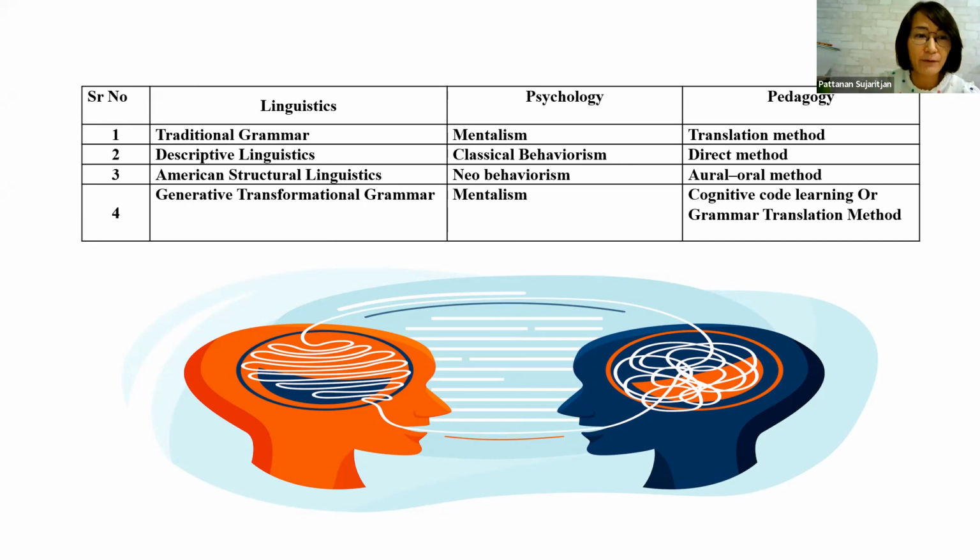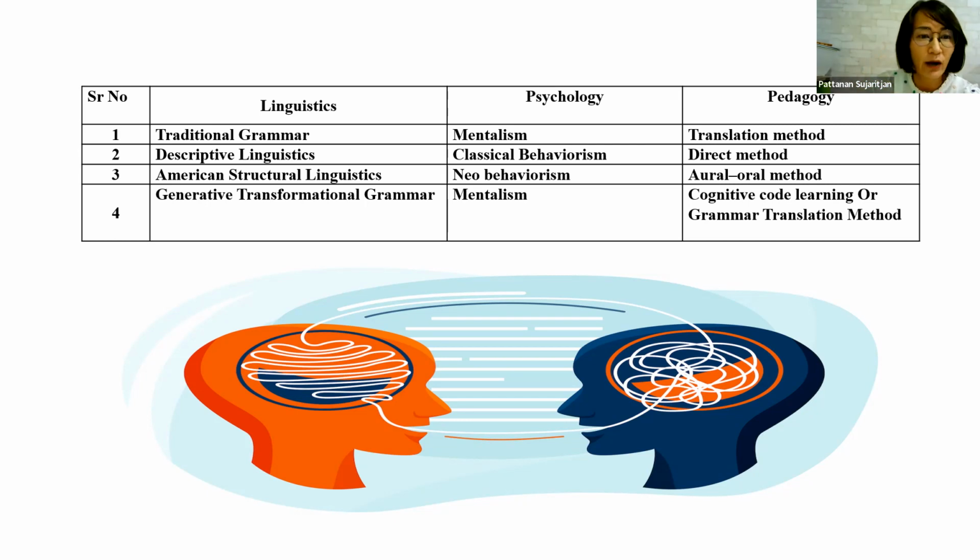And descriptive linguistics is focused on how to use the language in everyday life. So focus on vocabulary and grammar used in real situations. So we use the direct method to teach the student to use the language.